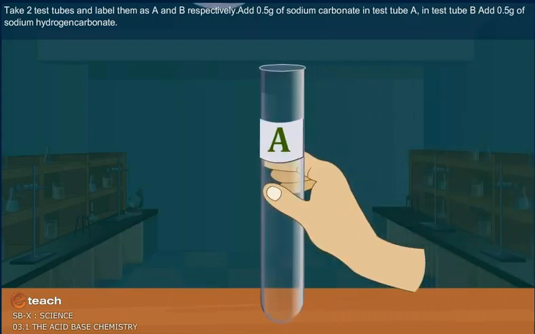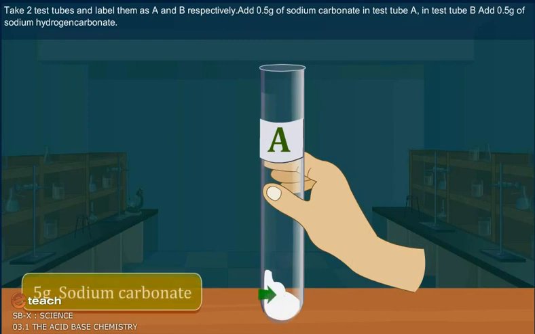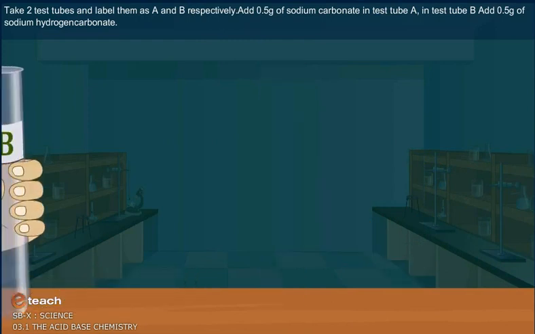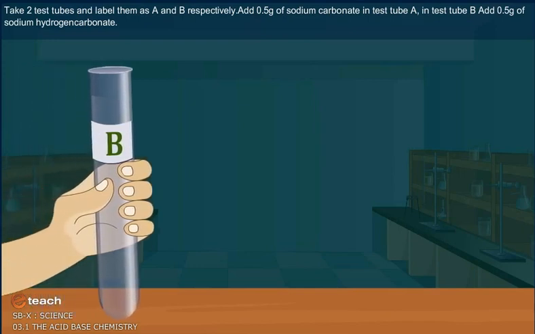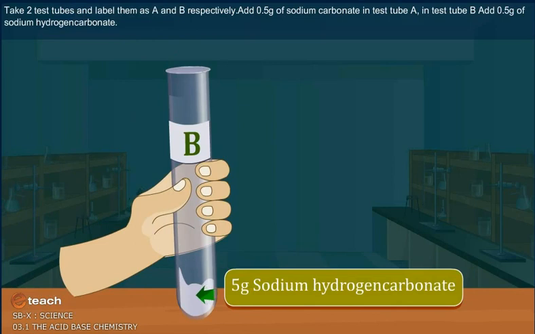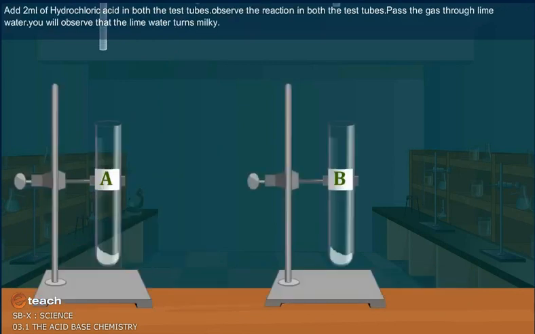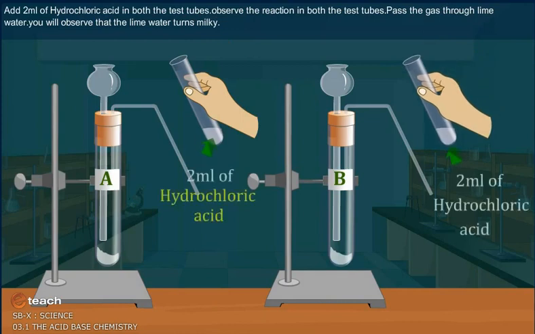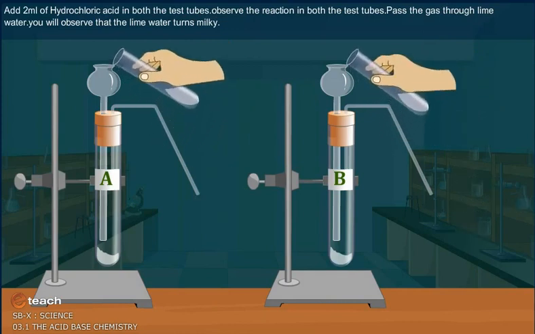Add 0.5 grams of sodium carbonate in test tube A. In test tube B, add 0.5 grams of sodium hydrogen carbonate. Add 2 ml of hydrochloric acid in both the test tubes.